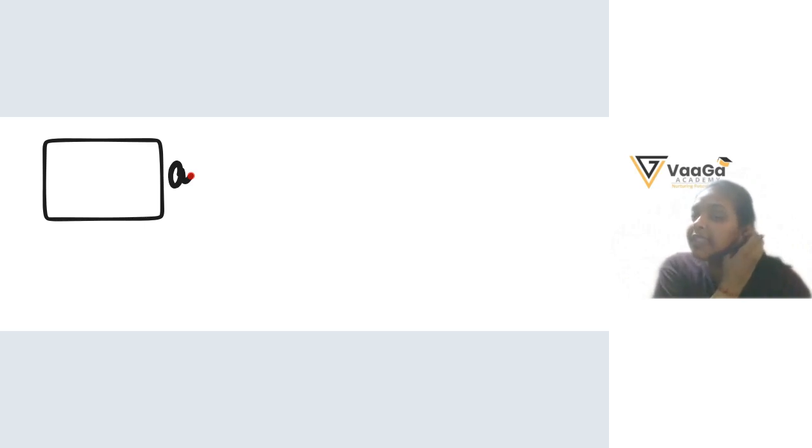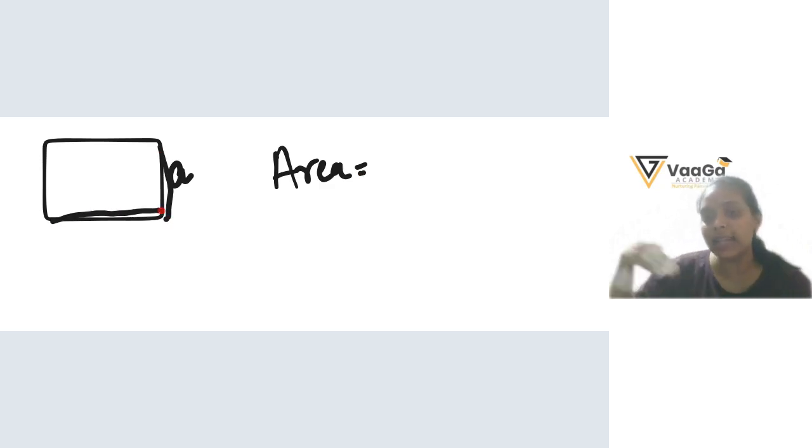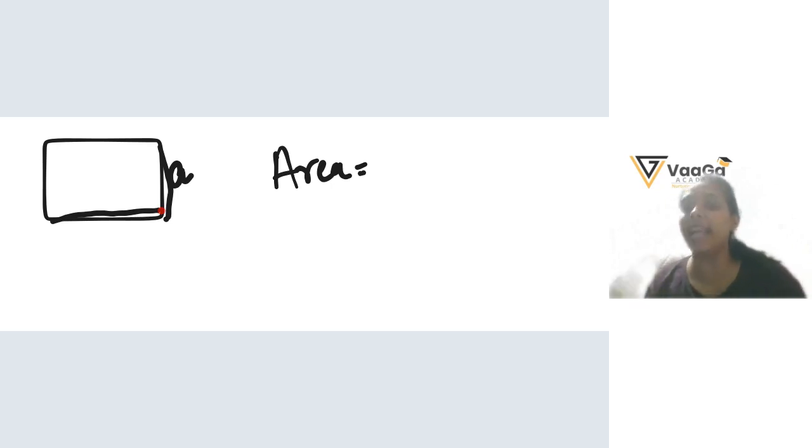Yes. So if one of the sides is A, what will be the area? We multiply two adjacent sides. Do you know the word adjacent? No. Adjacent is the ones that are together, like this side and this side are adjacent, these are together. So when we multiply two adjacent sides we get the area.